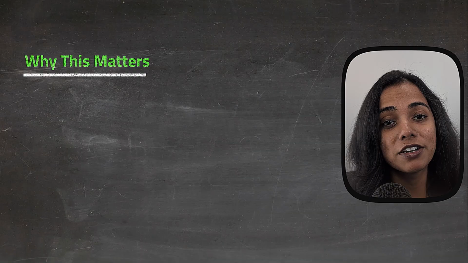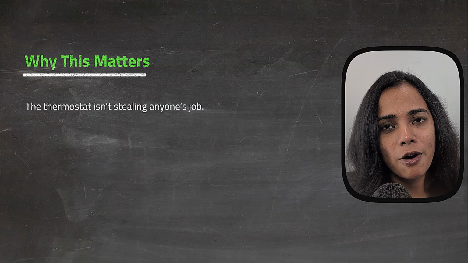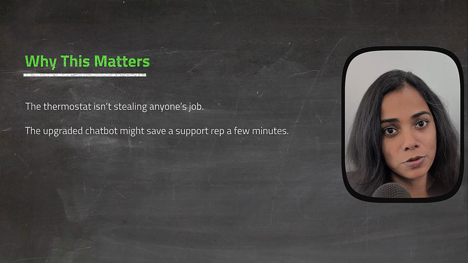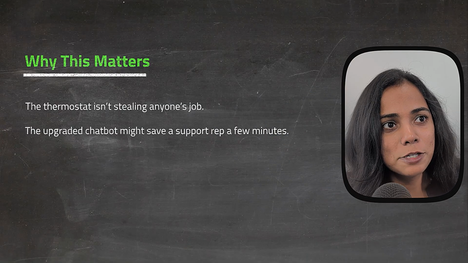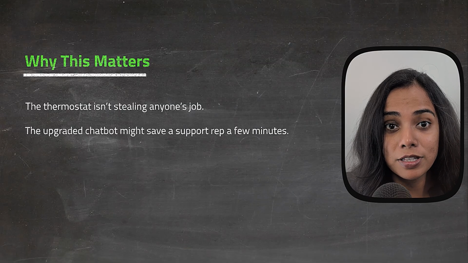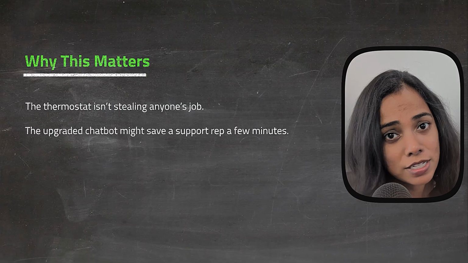So instead of thinking about it as it is stealing jobs, like for example, if a thermostat receives an upgrade, it's not really stealing anyone's job. Or if there is an agentic AI that's helping a customer support agent who is a human, it's probably saving them a few minutes and saving the customer the headache of waiting in line to get their issue fixed as well.